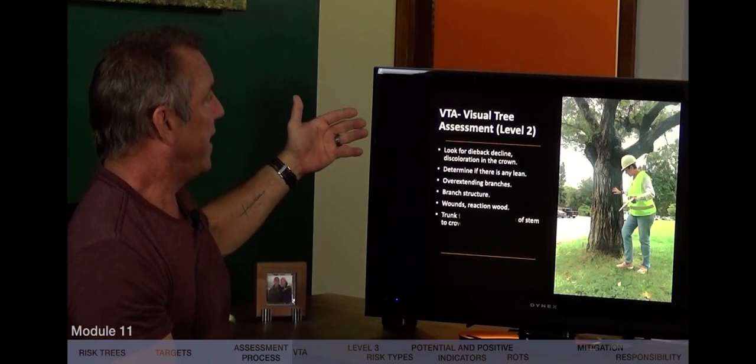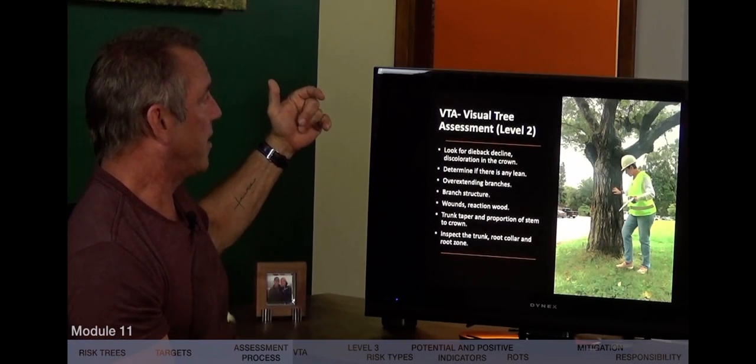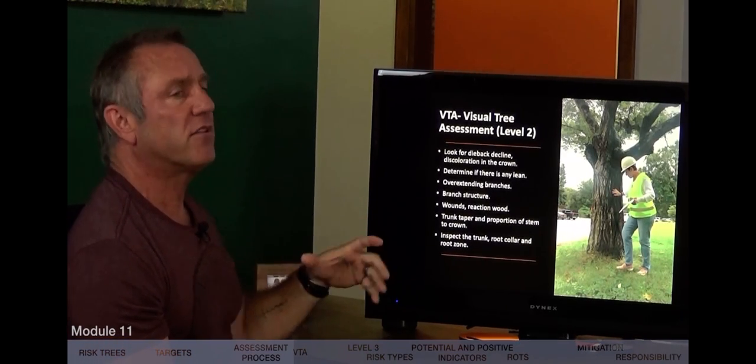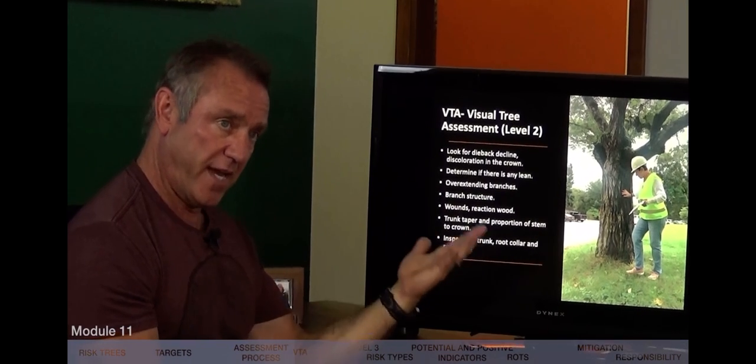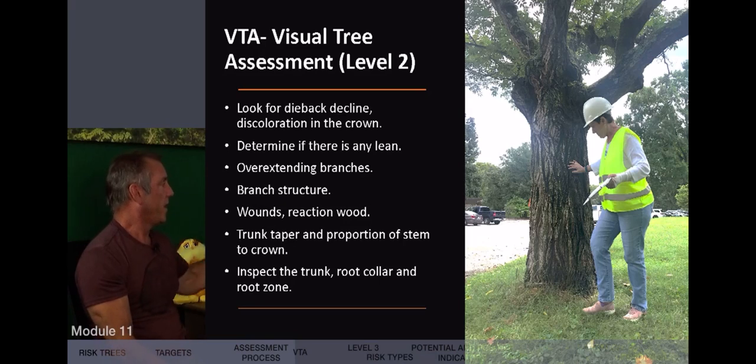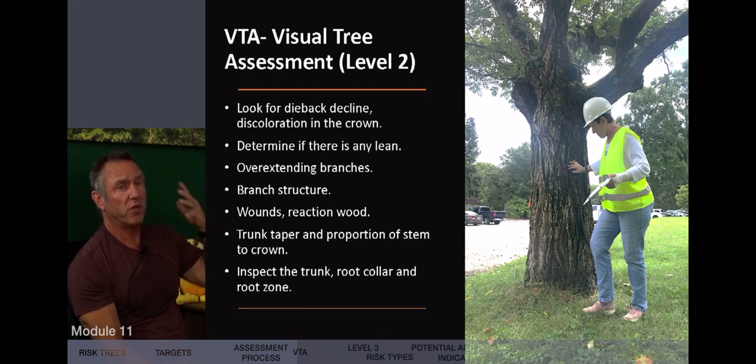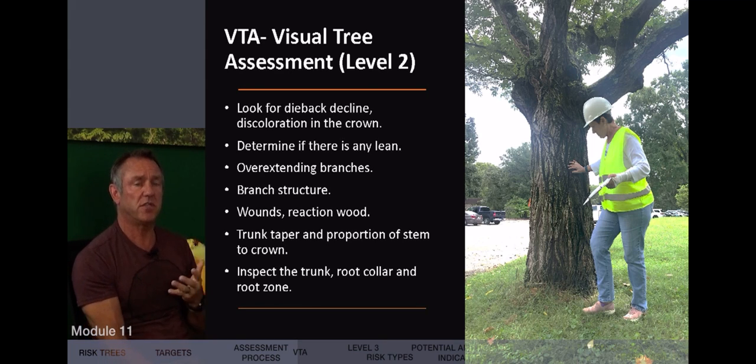Level 2 is what we call the basic assessment level. And this is kind of the 360 ground-based look at the tree. So we're going to look in more detail at the root system and the root plate, the trunk, and the canopy and crown, really identifying what those conditions of concern are and any types of defect that may have an impact on the likelihood of failure.